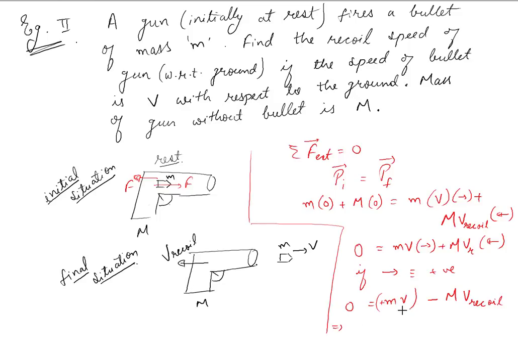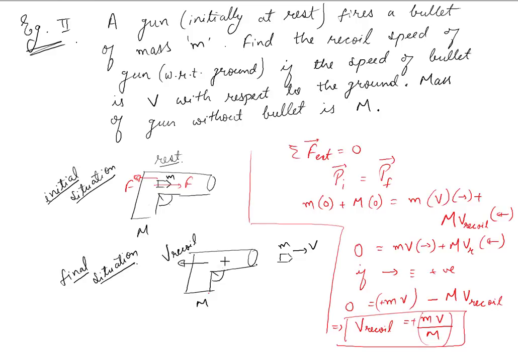From this we can write that the recoil speed of gun is equal to m into v by capital M. And since this expression is with positive sign, we can say that the direction of the gun's velocity that we had assumed earlier in this question is correct.